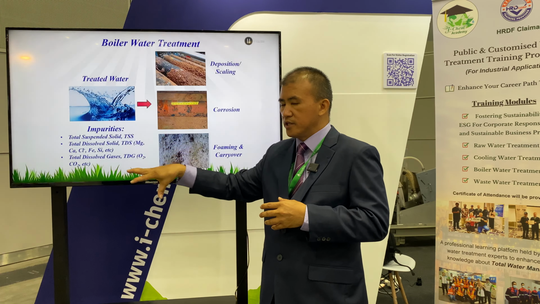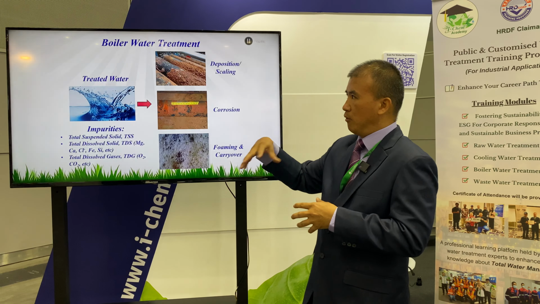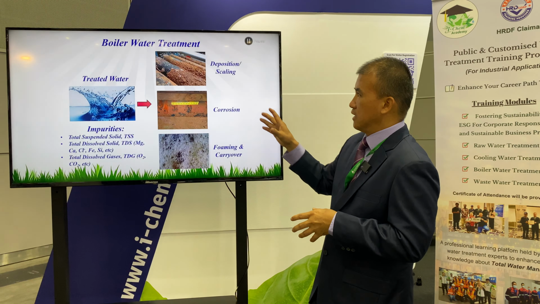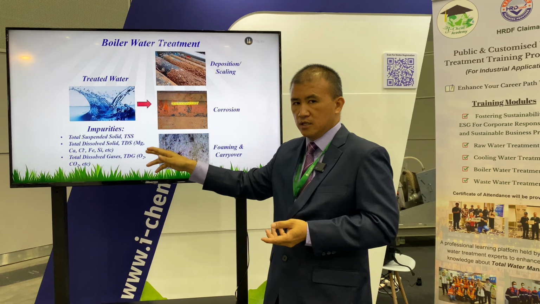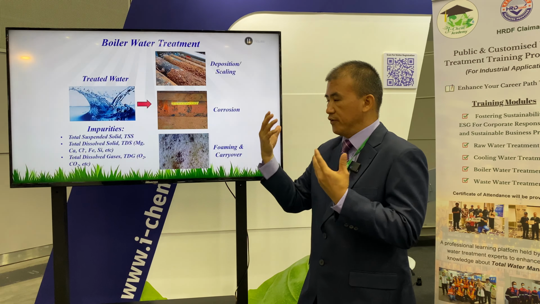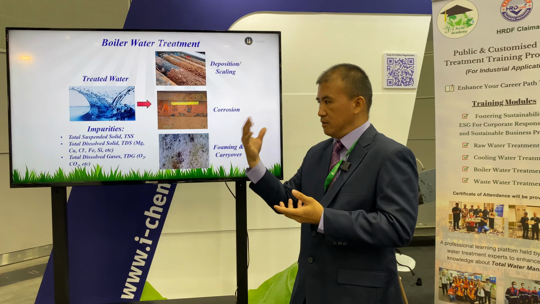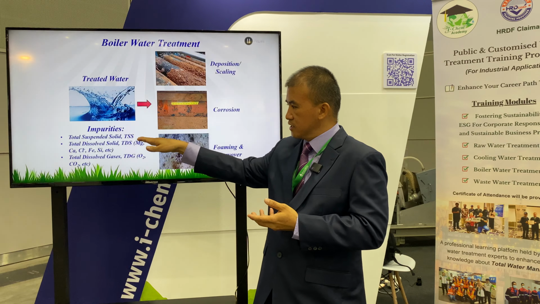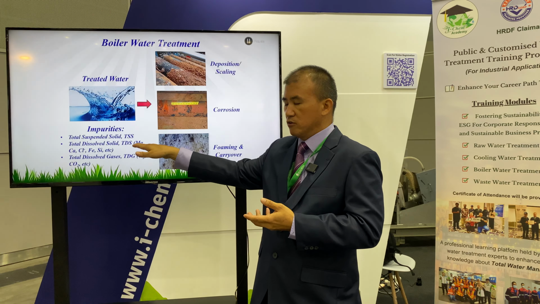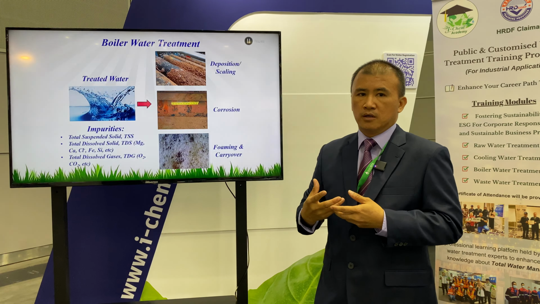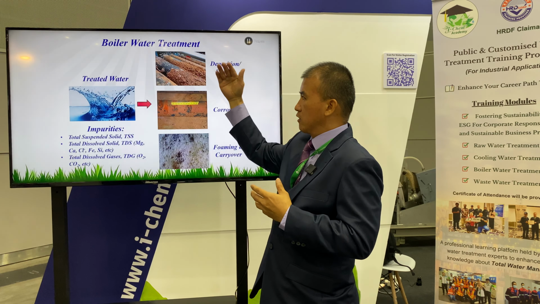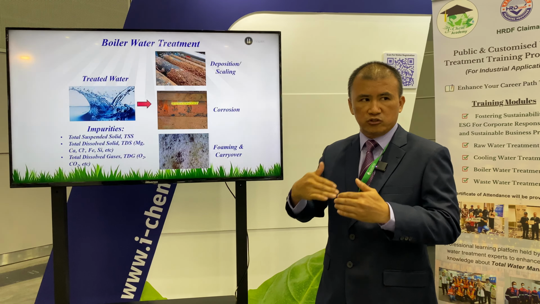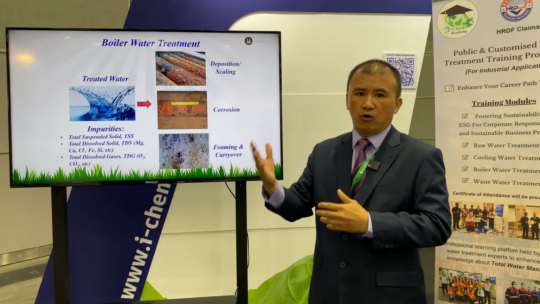All these impurities will affect our boiler water treatment operation, such as deposition and scaling, mainly from hardness. Even if the water is very clear, if we never treat it well, the hardness, especially calcium and magnesium, will form scale. We call it deposition and scale in the boiler. The consequence is reduced heat transfer efficiency, which affects the whole operation.